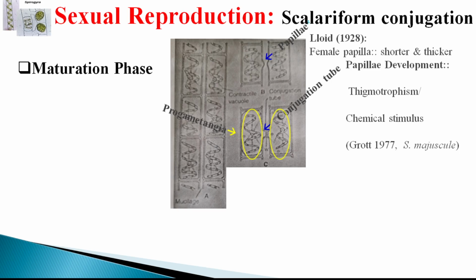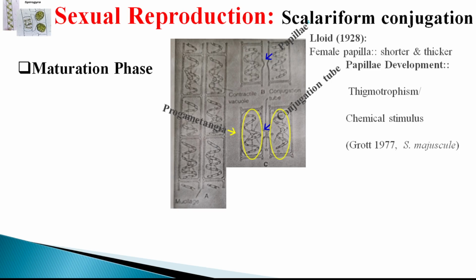All progametangial cells of the conjugating filament undergo a single cell division to form gametangia, and the gametangial cells united by conjugation tubes store an abundant amount of starch as food material.